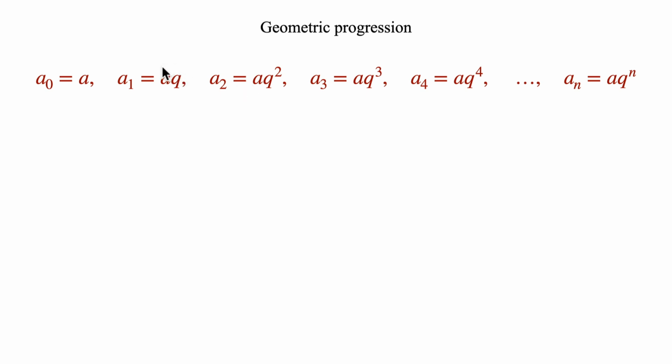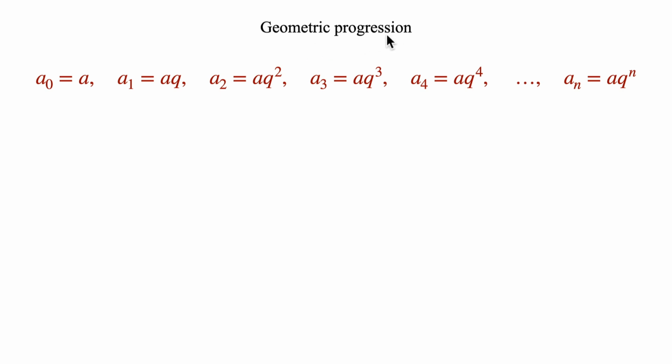that the quotient of the next one by the previous one is constant, and of course also if q is different from 0. So the quotient of this one by this one is q, the quotient of this one by this one is also q, you see, because the a's just cancel out and q squared cancels out with two pieces of q, so it's just q left.